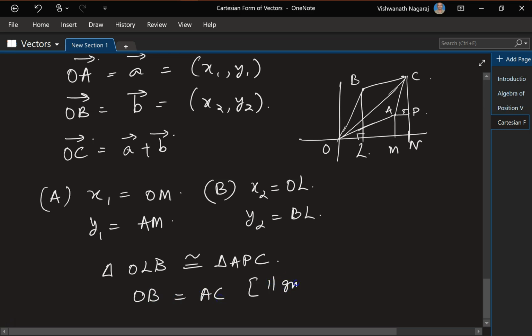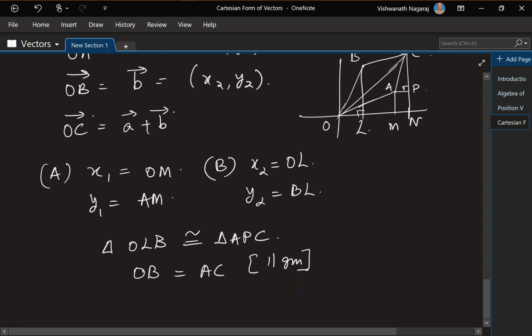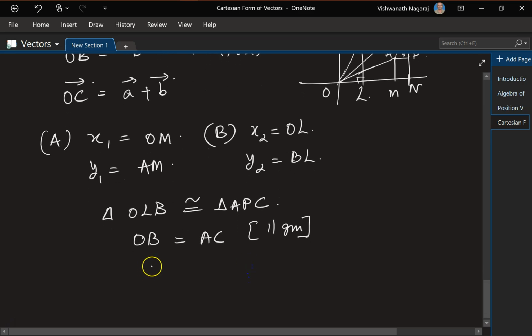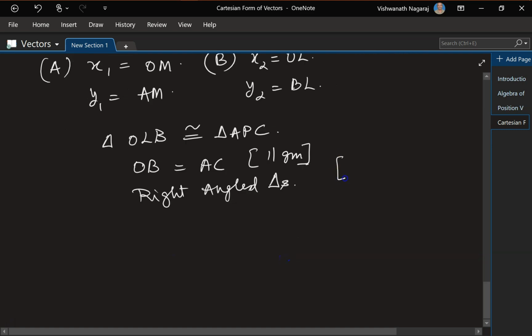Why? Because it is a parallelogram, or rather it is part of a parallelogram, opposite sides of a parallelogram, and the triangles are right angled triangles, so RHS. So therefore AP is equal to OL equal to x2.